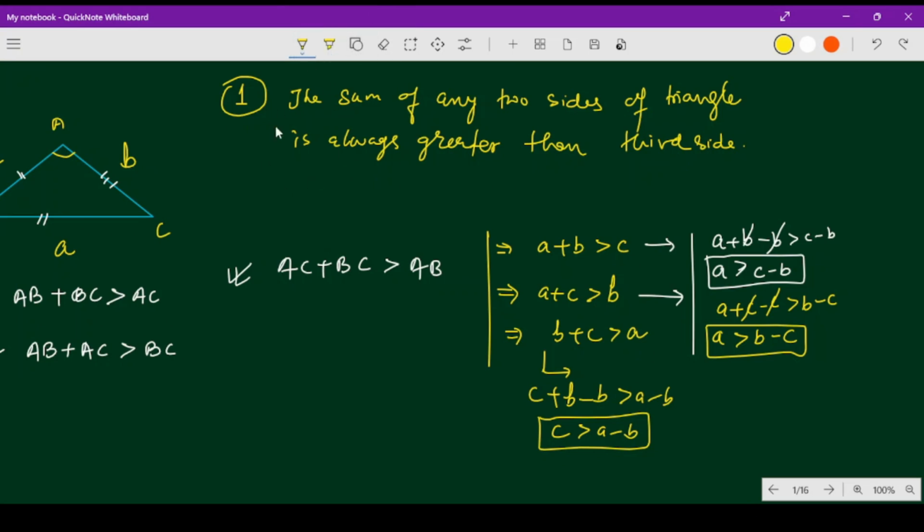So this is just an application of inequality one. Inequality one suggests that the sum of two sides is always greater than the third one, and this is just an extension of that.